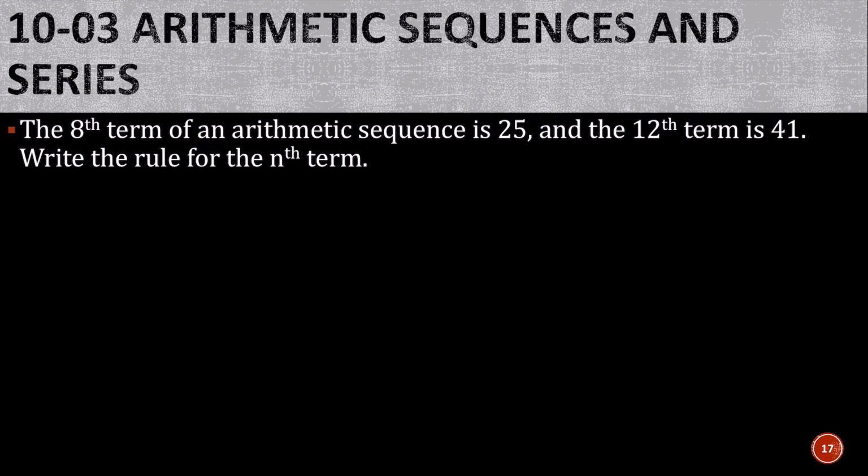All right, this one's a little more interesting. The 8th term of an arithmetic sequence is 25, and the 12th term is 41. Write a rule for the nth term. Well, our rule is a_n equals a_1 plus n minus 1 times d. However, I don't know a_1 and I don't know d. So what I could do is plug in two terms.